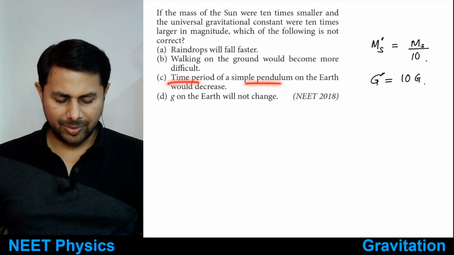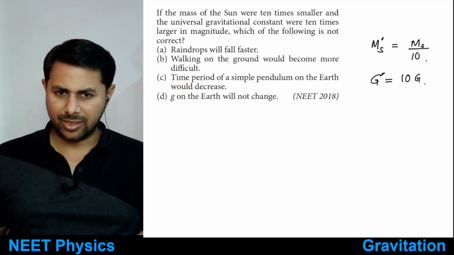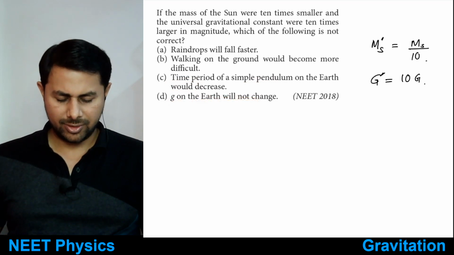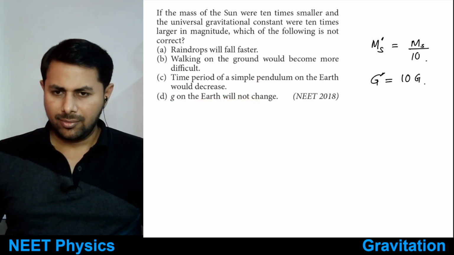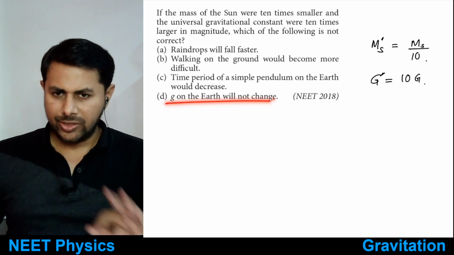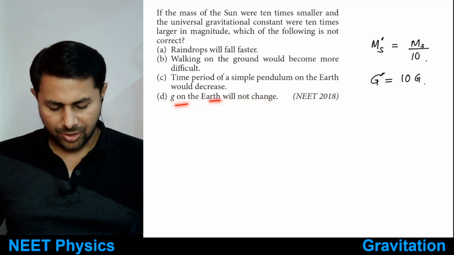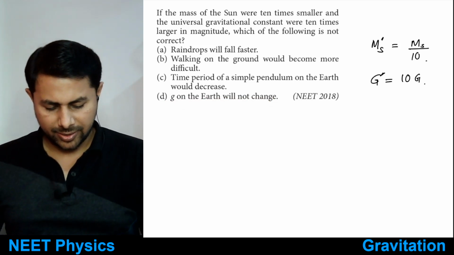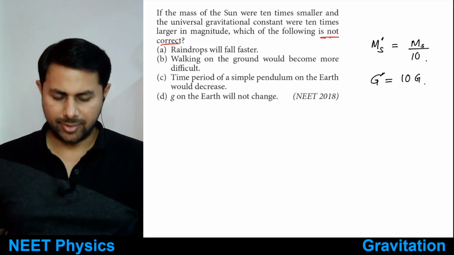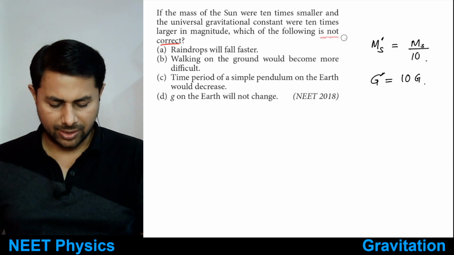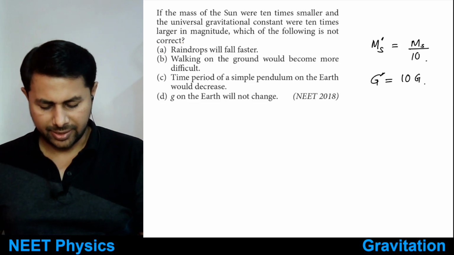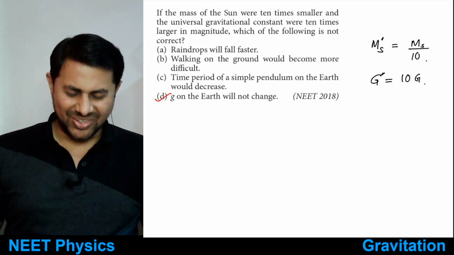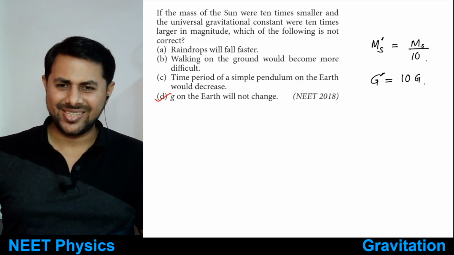Time period of simple pendulum on Earth would decrease and g on Earth will not change. Vishalini said it's option D, g on Earth will not change. This is incorrect, right? That's what is asked, which is not correct. So it's option D, your answer is correct. So g on Earth will not change is incorrect.